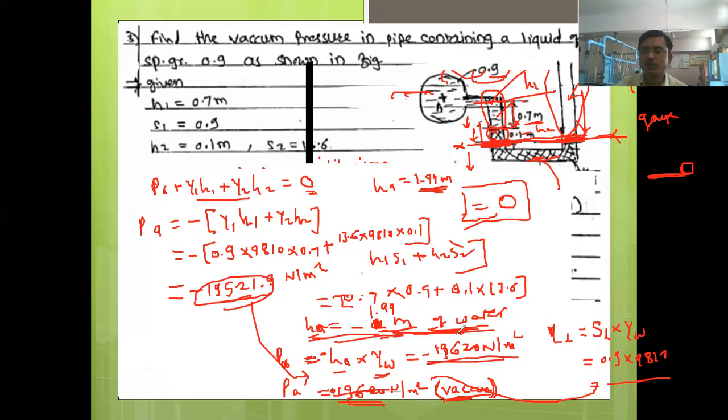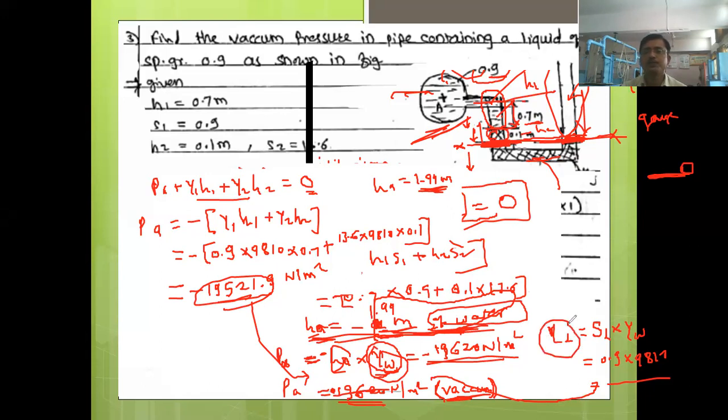So now the doubt might have been cleared from your mind that here, though the specific gravity of liquid is anything, as we are finding this pressure head in terms of meter of water, we have to multiply this head by weight density of water and not by the weight density of that liquid. So this thing is very crucial.